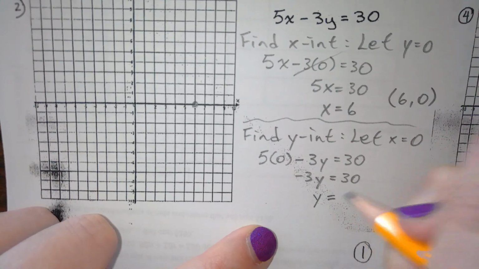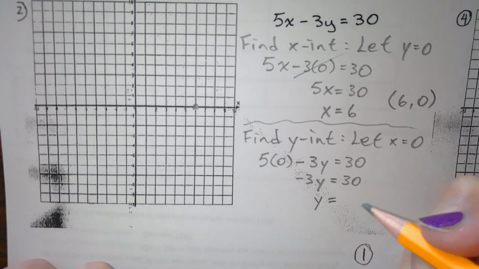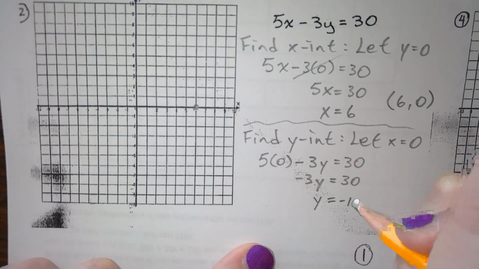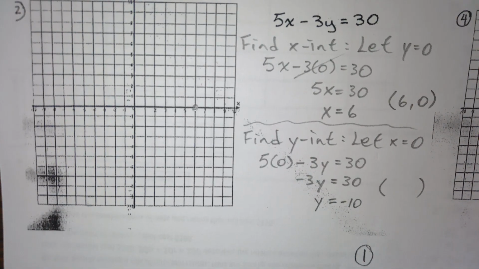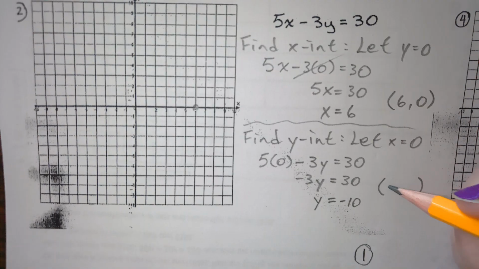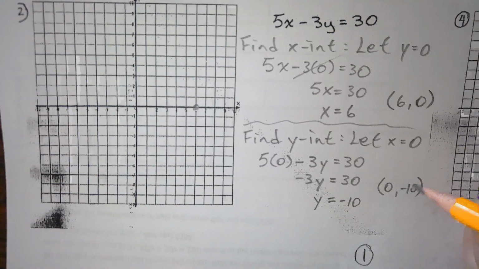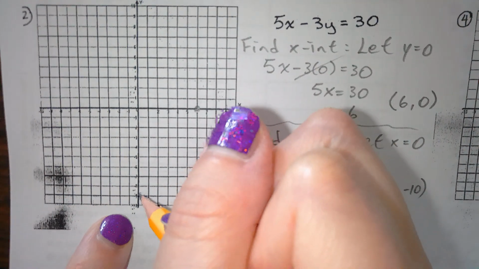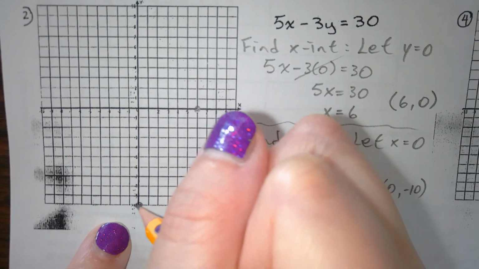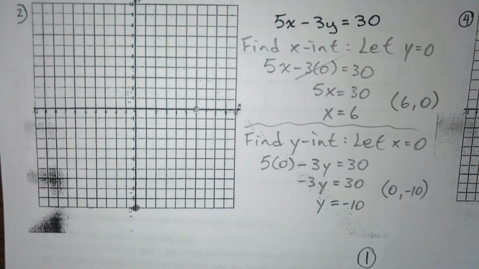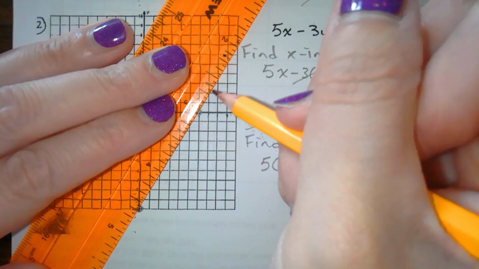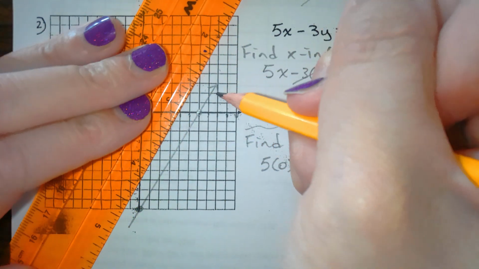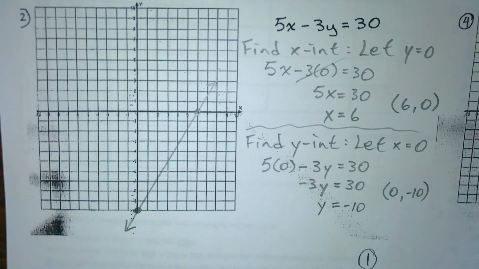Okay, so y equals 30 divided by -3. I get -10. And so what is my coordinate here? Alvin? 0, -10. Right. Okay, so 0, -10 right here. I have my 2 points, so I can connect them and draw my line. There you go.